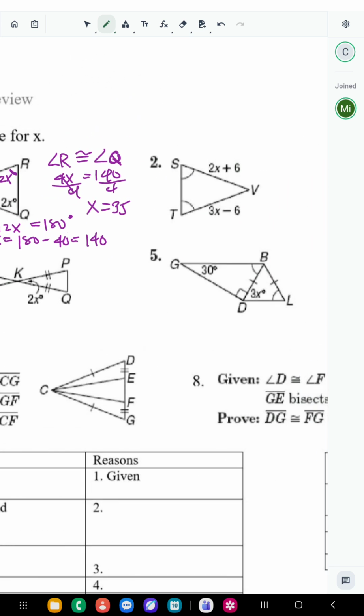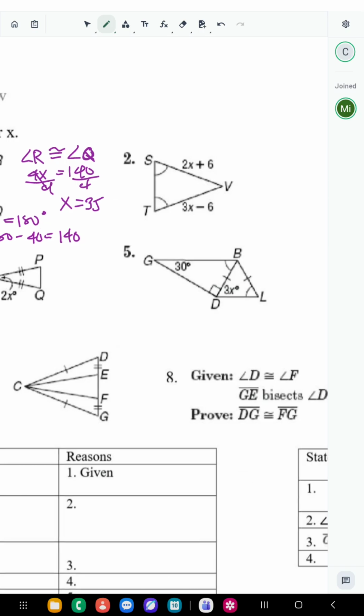Then number 2, it's indicated that angle S is congruent to angle T. So that means the two sides are congruent also, from the base angle theorem, or converse.